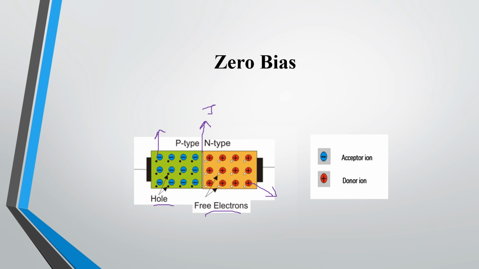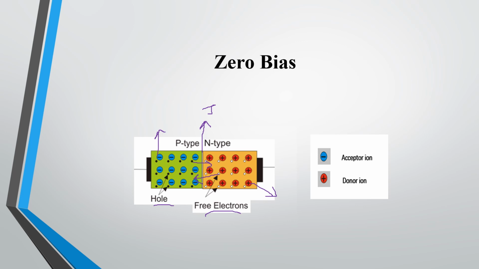As we know, in the p-type we have a majority of free holes and in the n-type we have a majority of electrons. There is a difference in the charge carriers. Charge carriers move from the higher concentration region to the lower concentration region. Okay. So holes will move from p side to n side, whereas electrons will move from n side to p side.